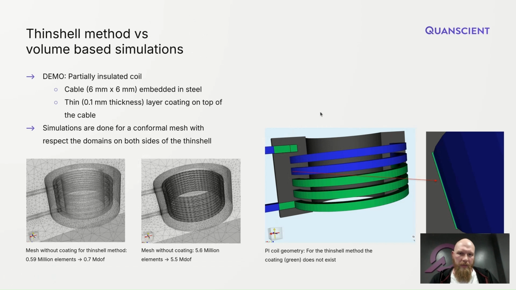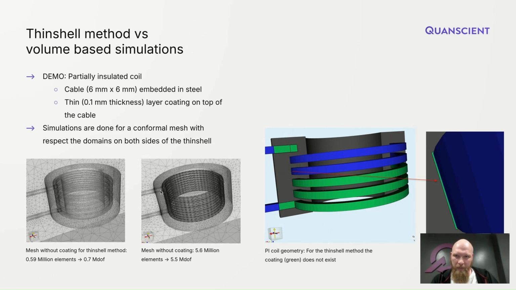Everything is meshed in the volume-based approach, and in the thin shell approach, we neglect the green area, so it doesn't exist in the model nor in the mesh. And here's the result on the left regarding the mesh.